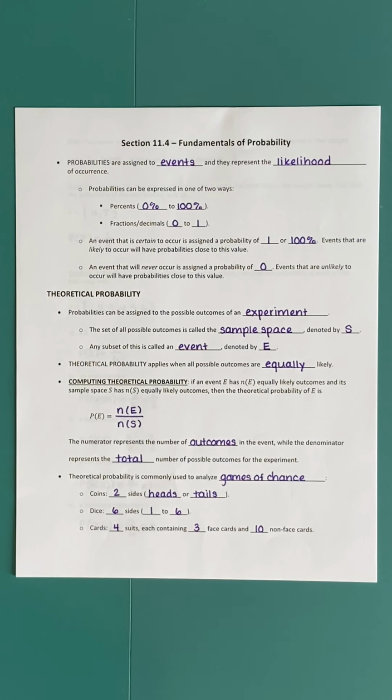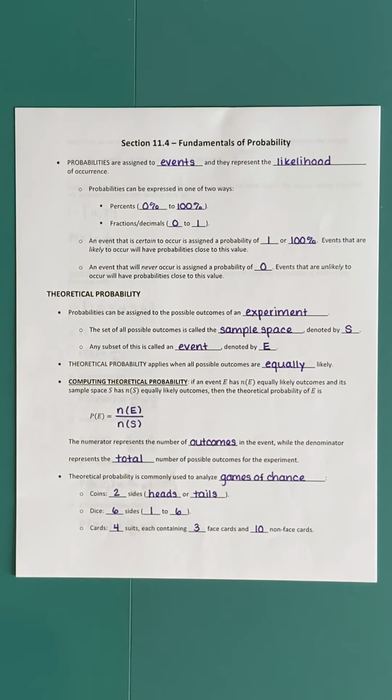So maybe we're interested in how likely one particular outcome is, or maybe we're interested in how likely two different outcomes are together, maybe one then happening and then the other. So an event is just going to be some possible subset of all the possible outcomes that we could get from the experiment.